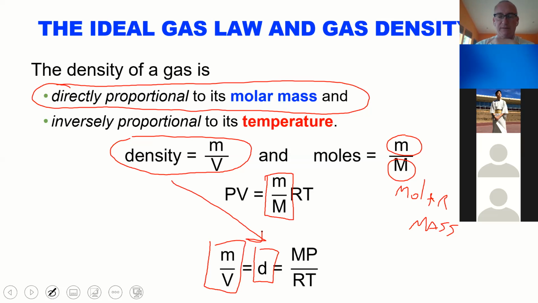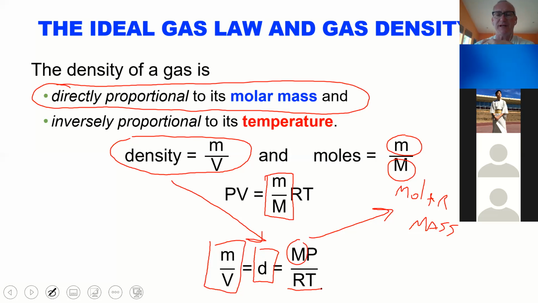the molar mass times the pressure divided by RT also gives us the density. It's basically a way we can figure out what the density of the gas is using the ideal gas law.